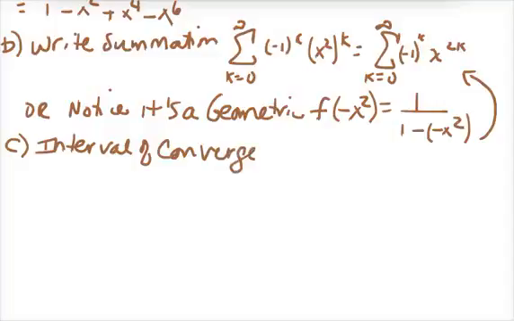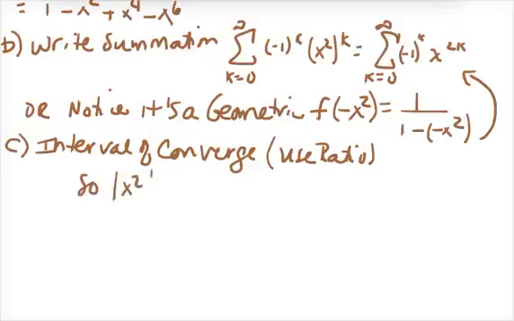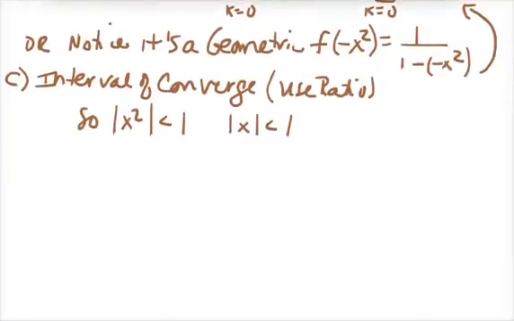Okay, you could use the ratio test, or again you can use knowledge that this is a geometric and know that the absolute value of x squared has to be less than 1. So this is simply less than 1. Testing the endpoints, again you don't need to because it's a geometric, but if you went down the ratio test then you would test the endpoints.